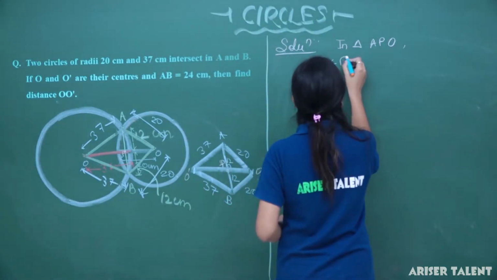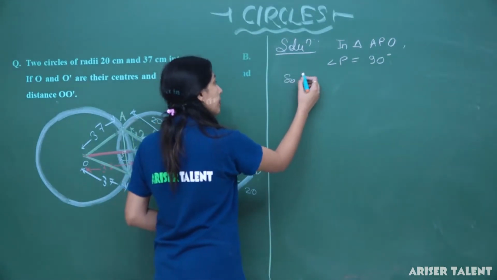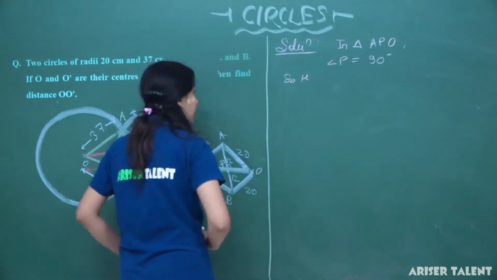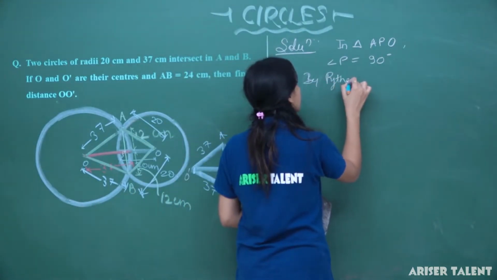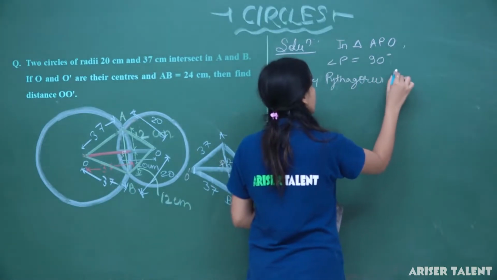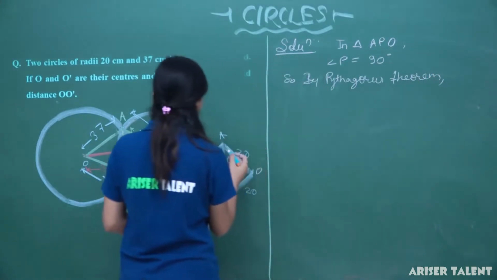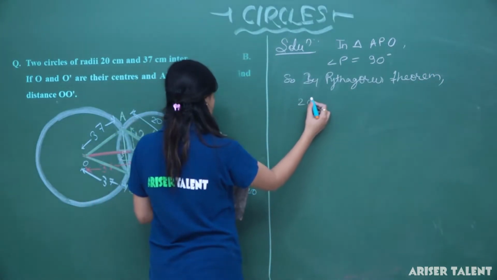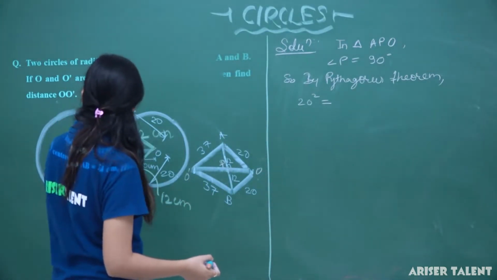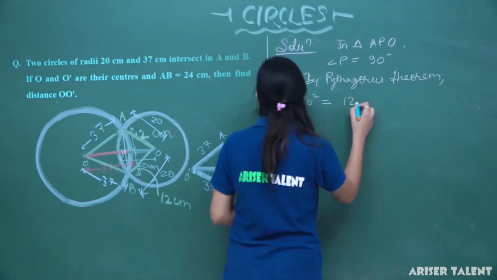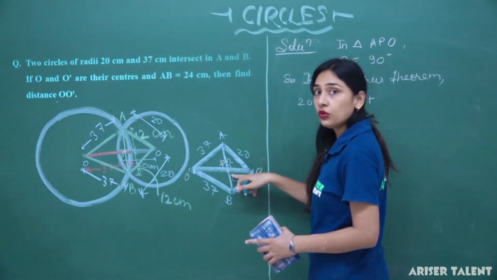Angle P equals to what? 90 degrees. So by Pythagoras theorem, what we have is this 20 square will be equal to this 12 square plus, let's suppose this is equal to x.